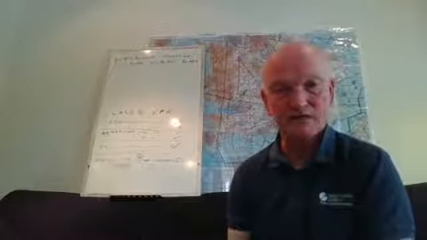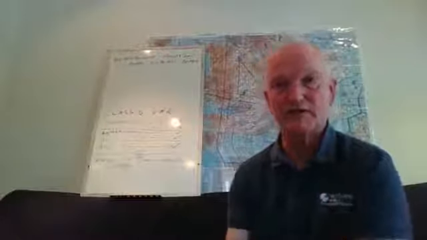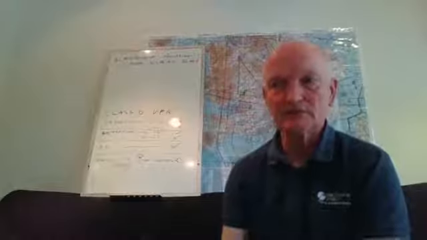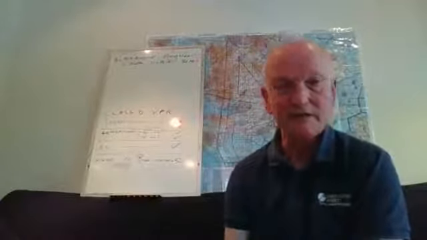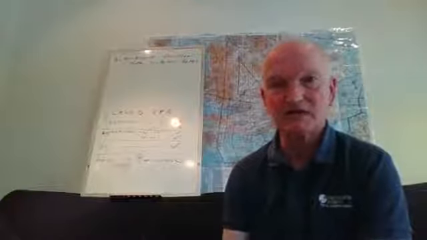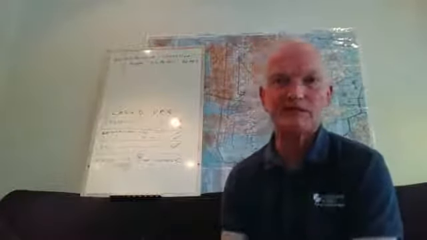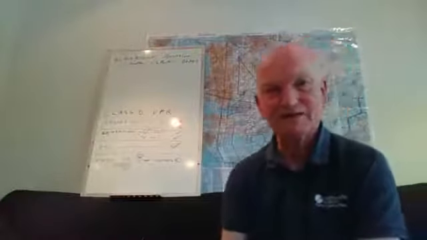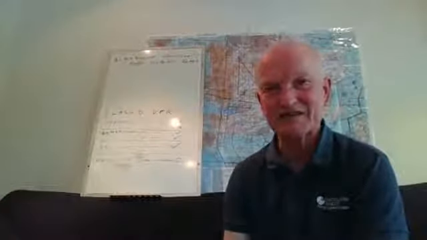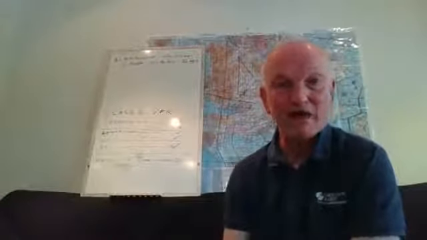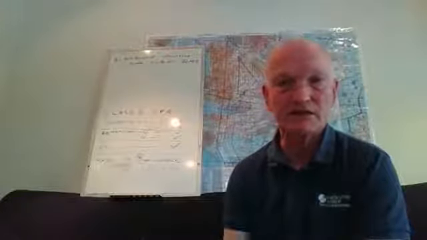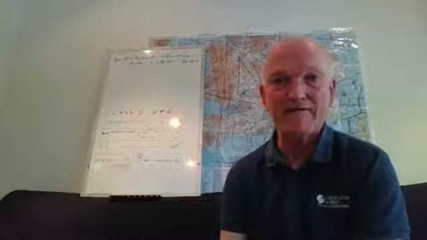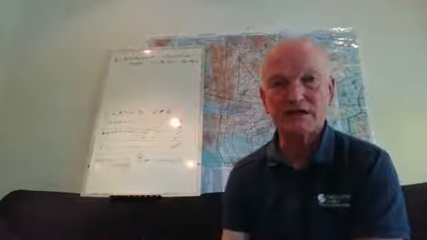Once you're getting towards the edge of controlled airspace, they will chuck you off radar control, which is what you're under in controlled airspace, back onto a basic service. And I'll guarantee you'll feel a little bit exposed when you're back outside controlled airspace. So it's not a bad thing to get a transit of controlled airspace. And when all this is over, I would recommend everybody just give a transit a go.